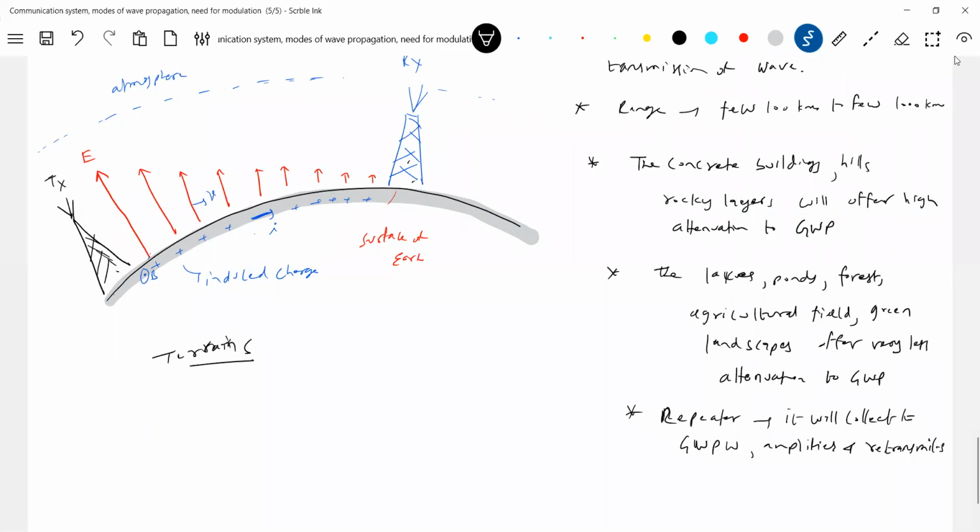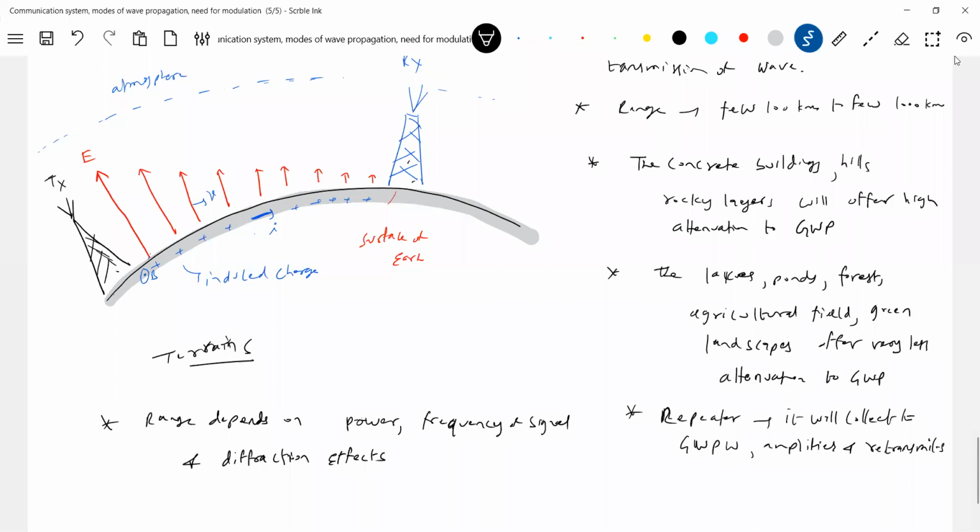What about the range? The range depends on power, frequency of signal, and diffraction effects.